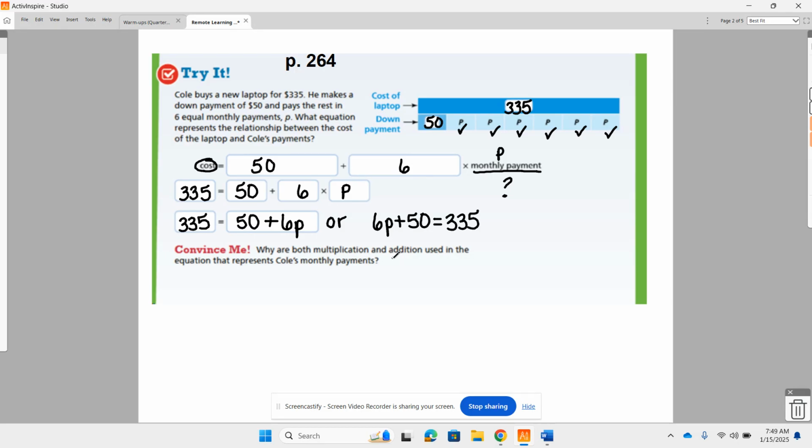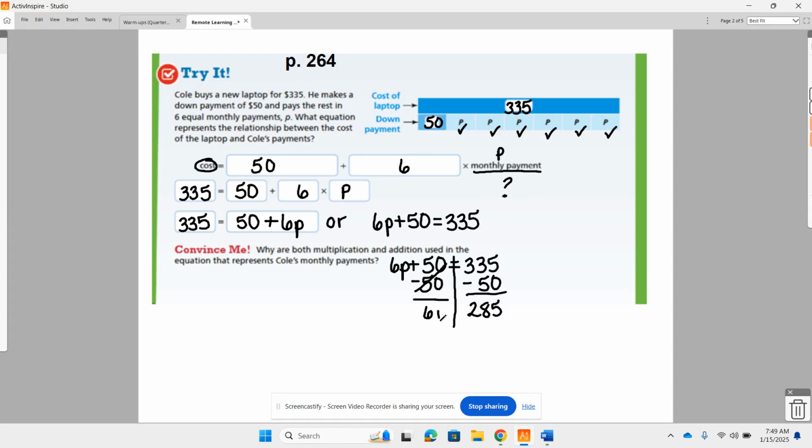Let's come down here in this blank space and actually solve for P. Okay, put our line down, equals. Use our inverse operation, so minus 50 on both sides. Okay, that would be 285.